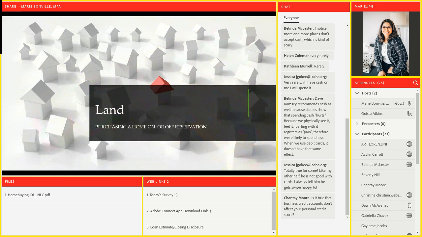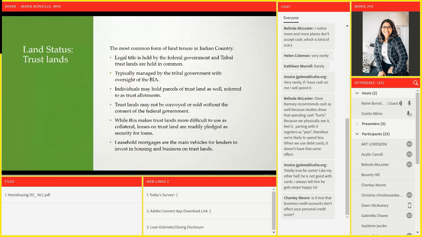So land, purchasing a home on or off reservation. So there is the element of land status and whether or not you're on tribal trust land, allotted lands, or fee simple, right? So I won't go into all the specifics right now, but I do want to make sure that everybody has the basic understanding of the fact that if you're on tribal trust land, then you have to make sure that you're going through your tribal land office, land management.